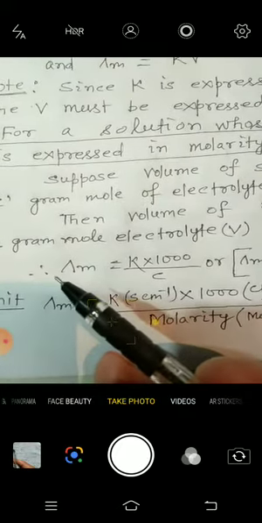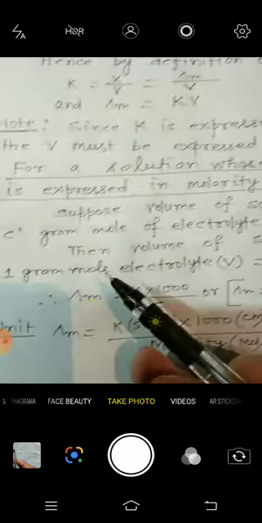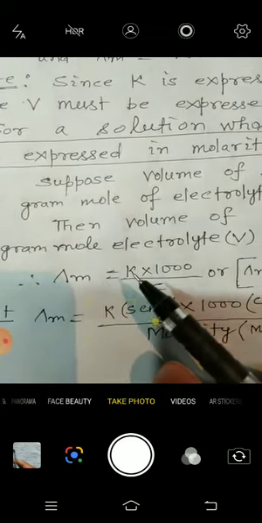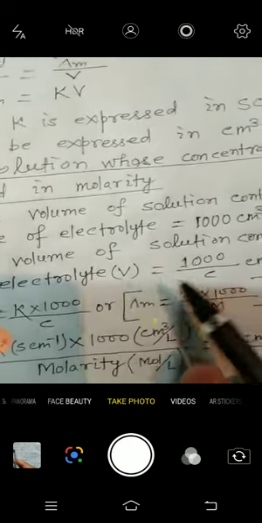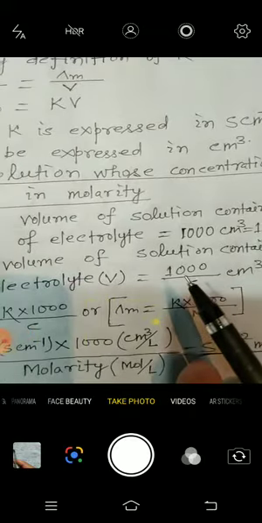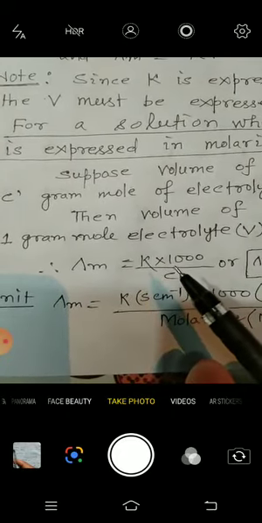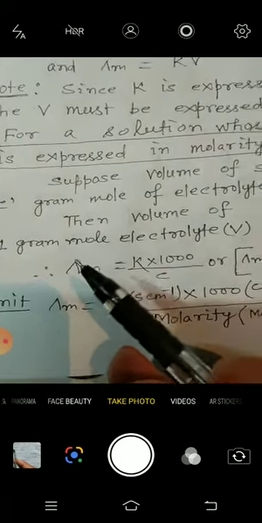Putting the value of this V in this equation, you will get molar conductivity equal to K, conductivity, multiplied by 1000 by C. On the basis of these facts, you have got the relation, and I taught you how it is made.